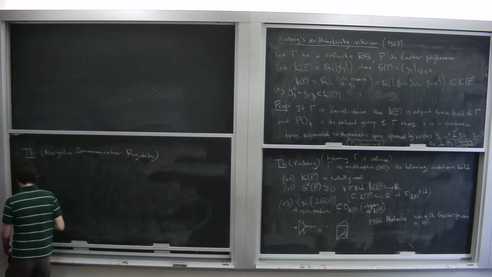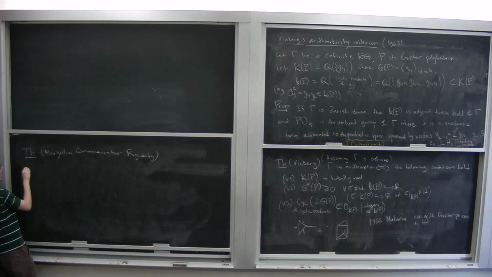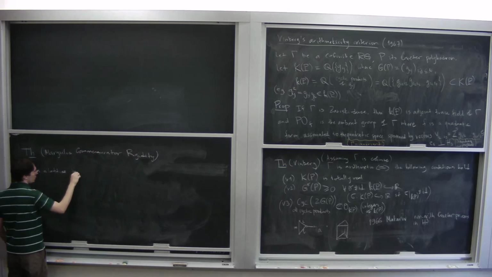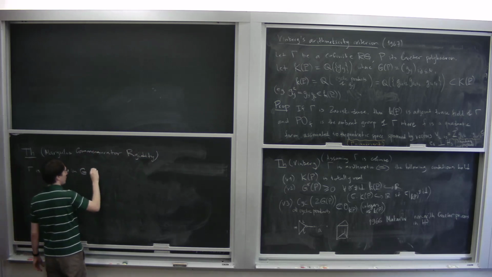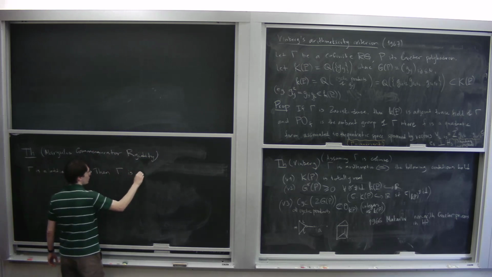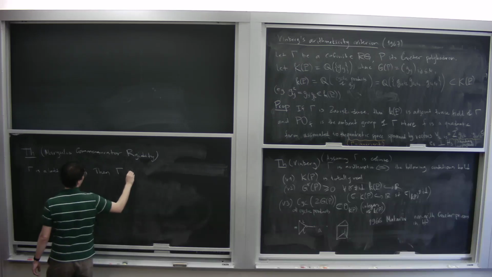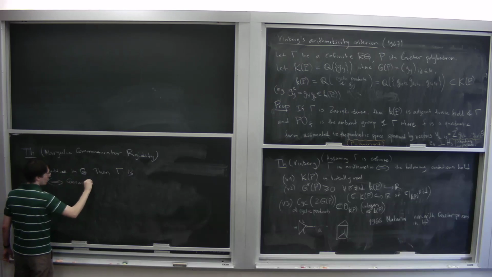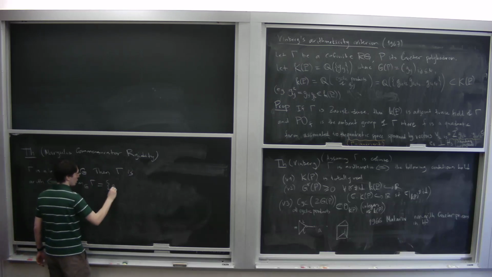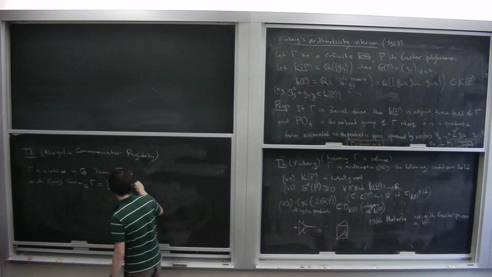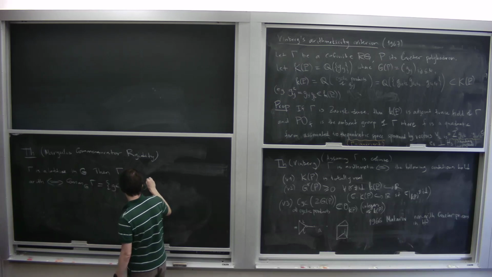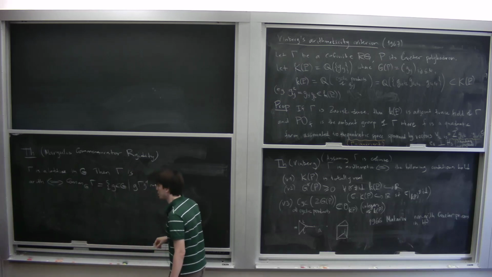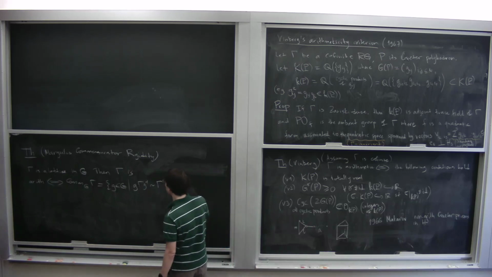If gamma is a lattice in G, then gamma is arithmetic if and only if the commensurator of gamma in G, which is the set of elements g in G such that the conjugate g gamma g inverse is commensurable with gamma, so isometries that conjugate my lattice gamma, is dense in G.